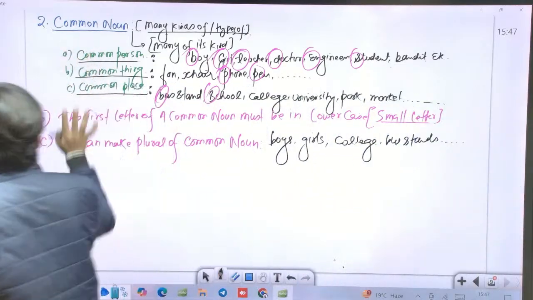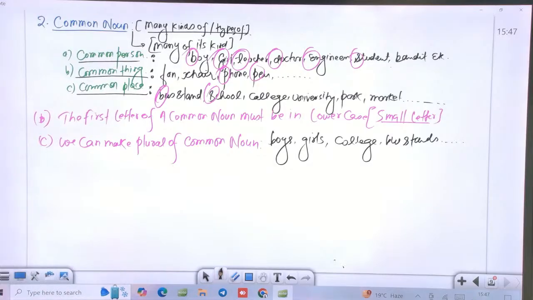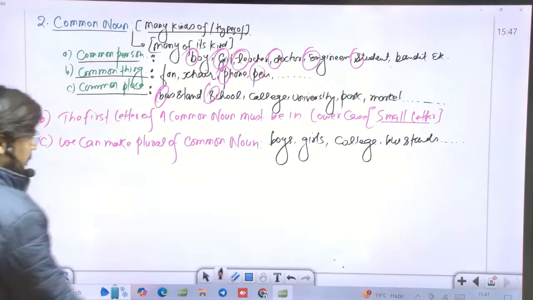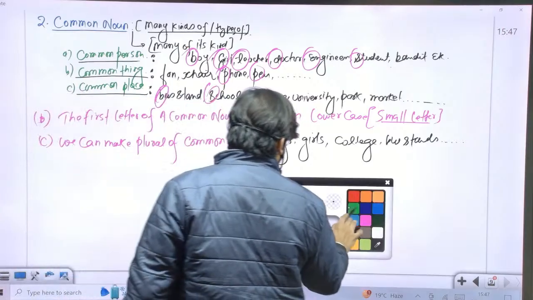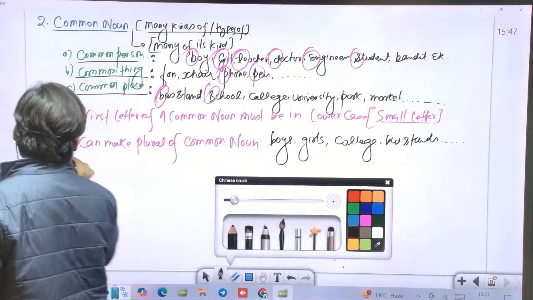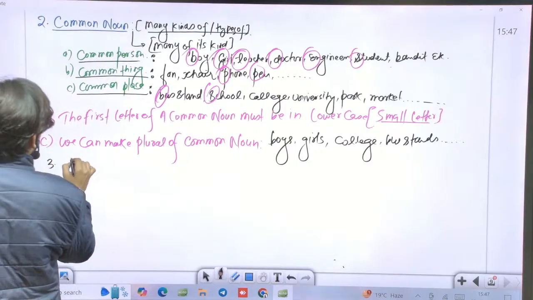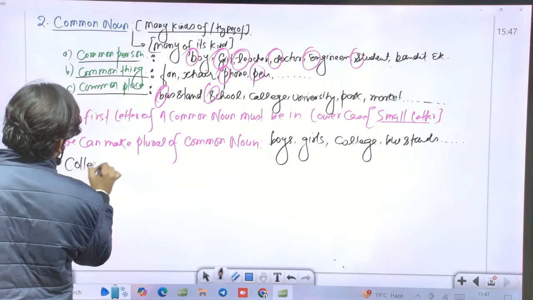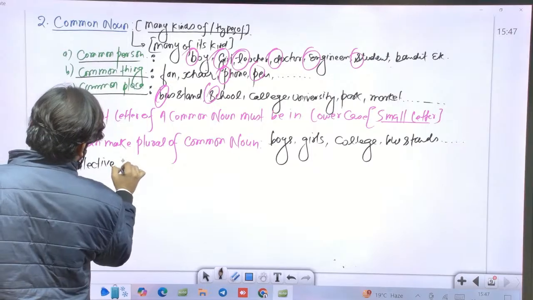Right? This was all about common noun, where we talked about common person, common thing, common place. Next, third point is collective noun. Very, very important.